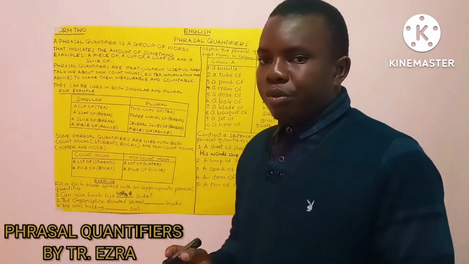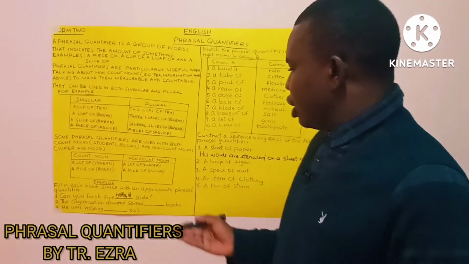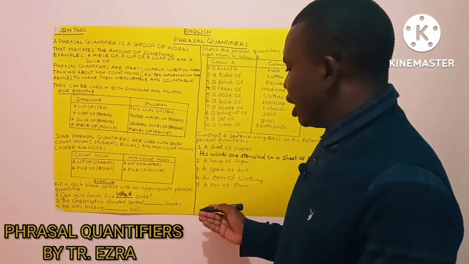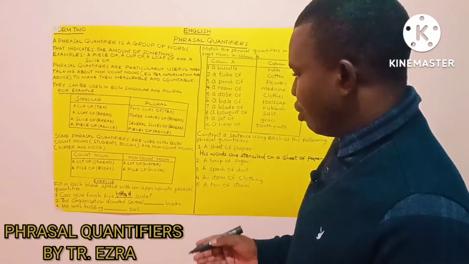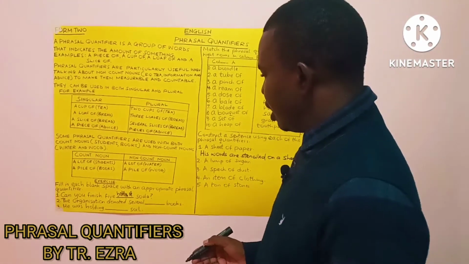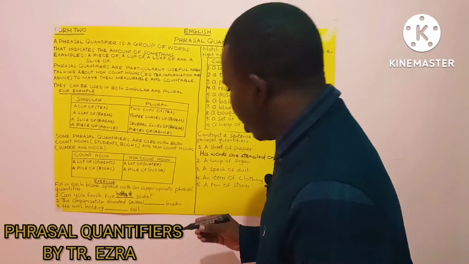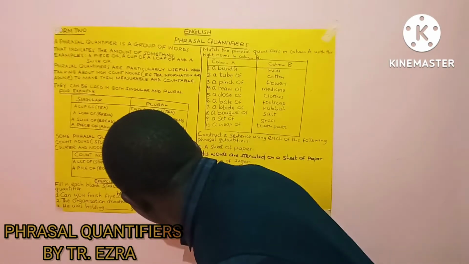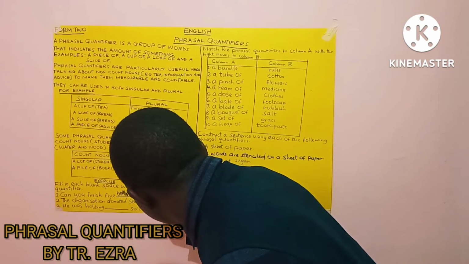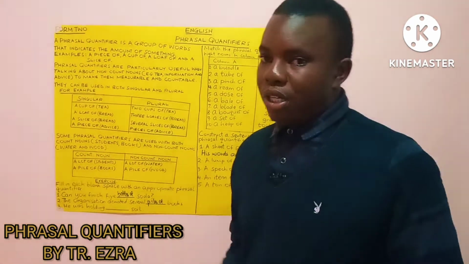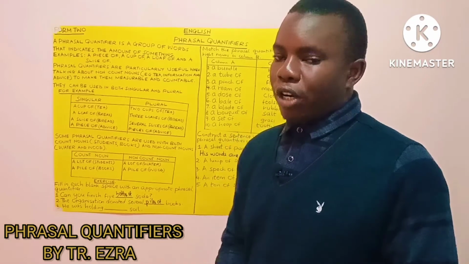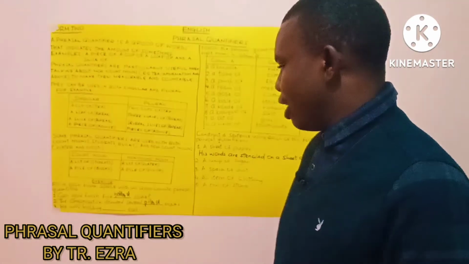Number 2, the organization donated several dash books. So we can say the organization donated several piles of books, or maybe any other appropriate phrasal quantifier that can be used there.